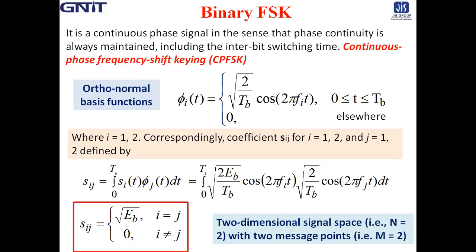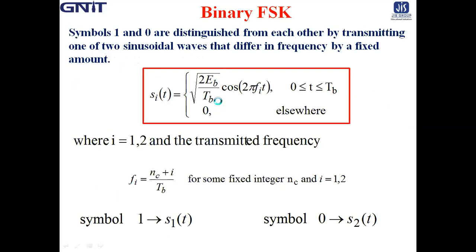So from this earlier equation, one can observe directly that the signals s1(t) and s2(t) are orthogonal, but not normalized to have unit energy.